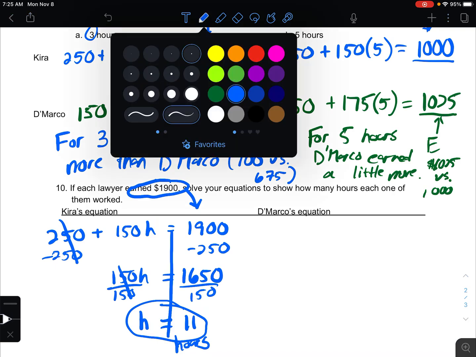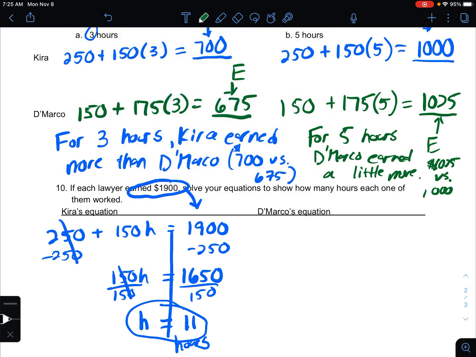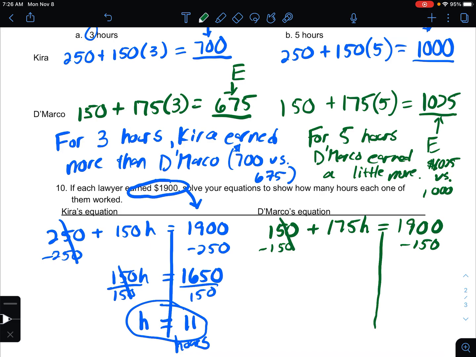All right. And then let's do that same thing for DeMarco. So he also made $1,900, but how many hours did he have to work for that? So his equation was 150 plus 175H equals the amount of money earned. And again, we're going to go with that $1,900 and see how many hours that means for DeMarco. So we'll start off by undoing by subtracting. So subtract 150 from both sides.